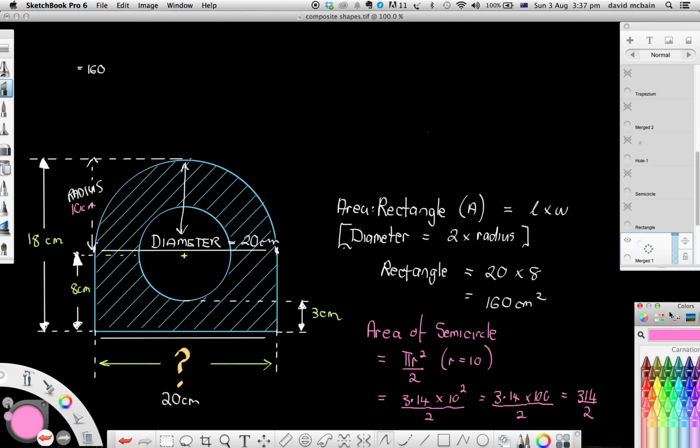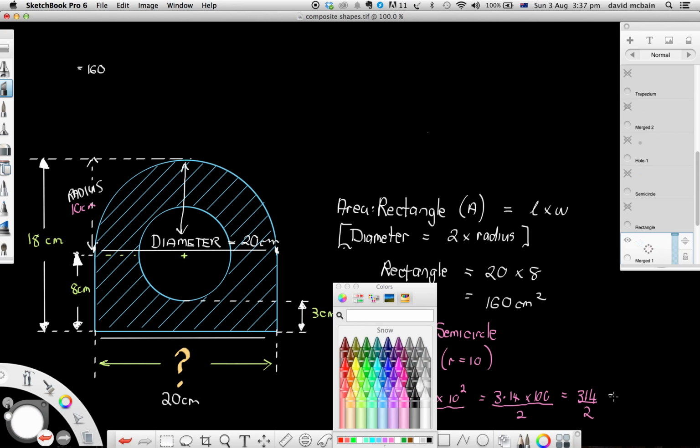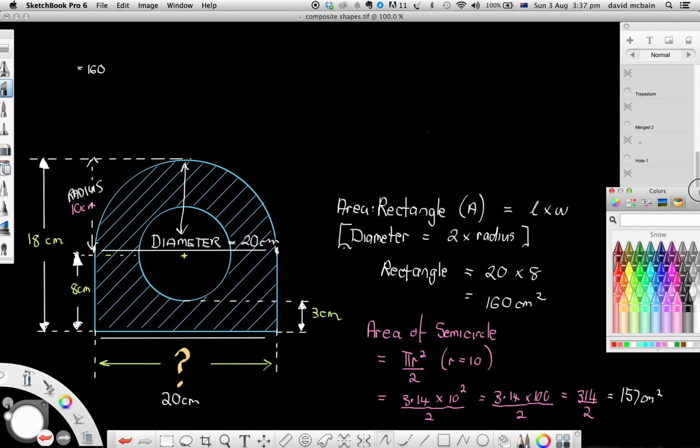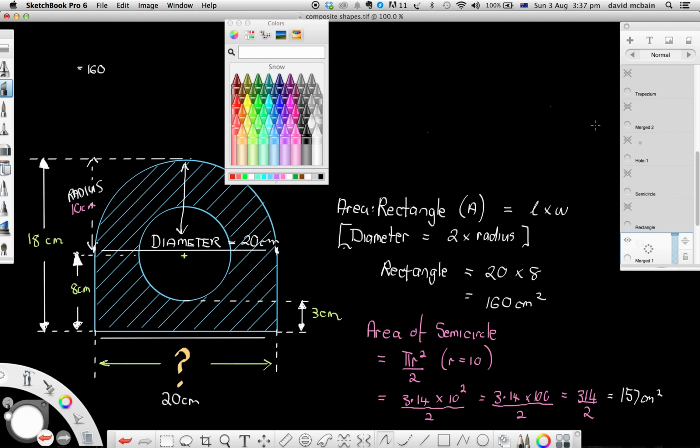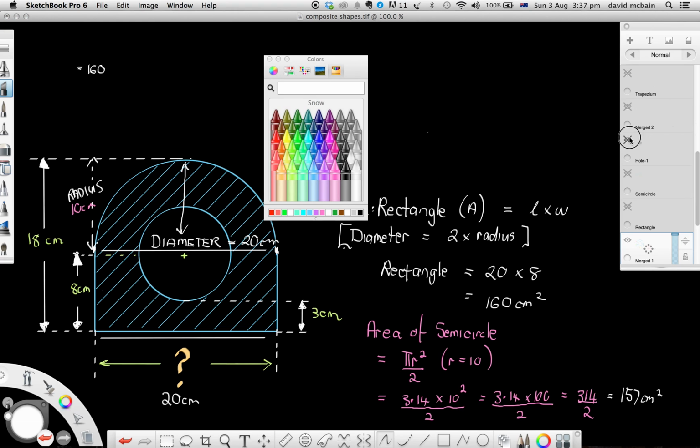So the answer to that section there equals 157 centimetres squared. So that's the area of our semicircle, this part in here. So let's now go back and put that into our table.